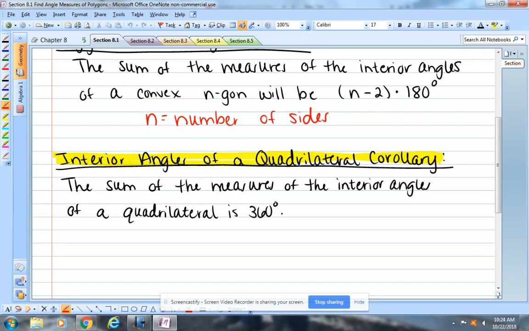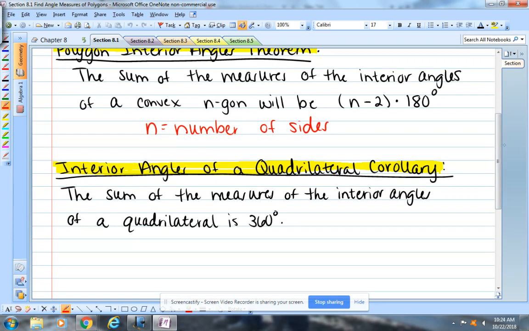And this one's just specifically for a quadrilateral. 4 minus 2 is 2 times 180 is 360. So for any quadrilateral, the sum of the angles will be 360 degrees. So triangles are 180, quadrilaterals are 360.